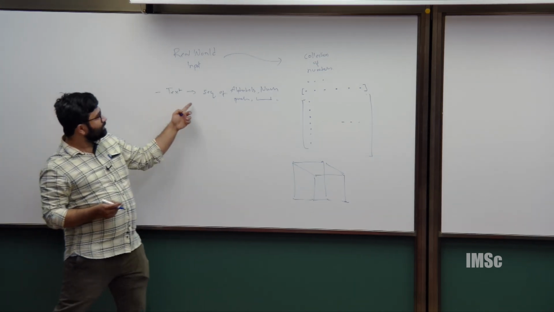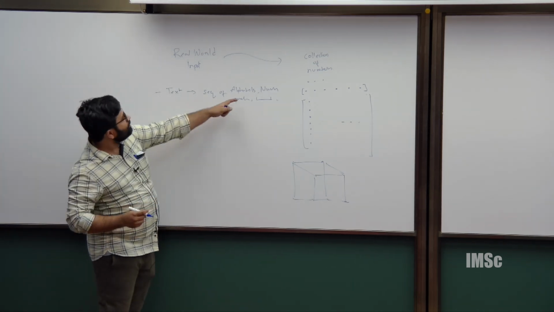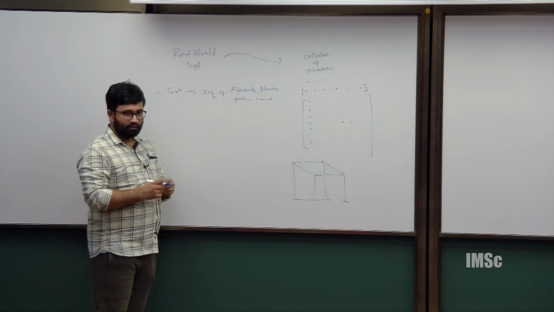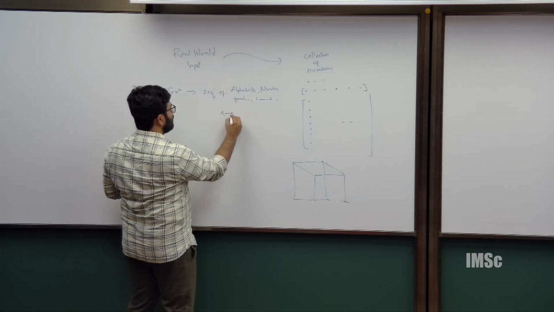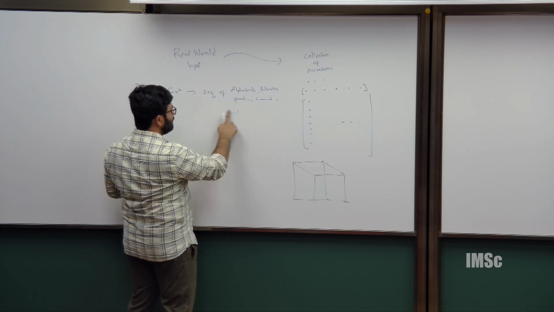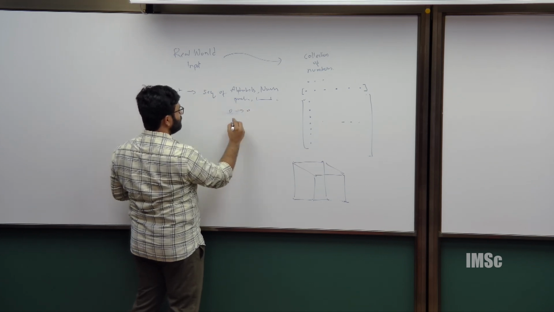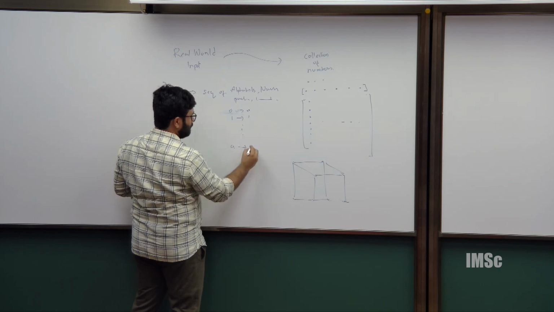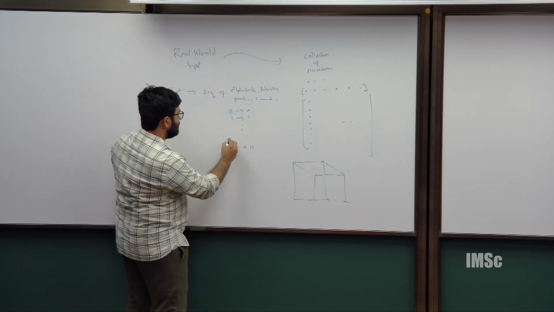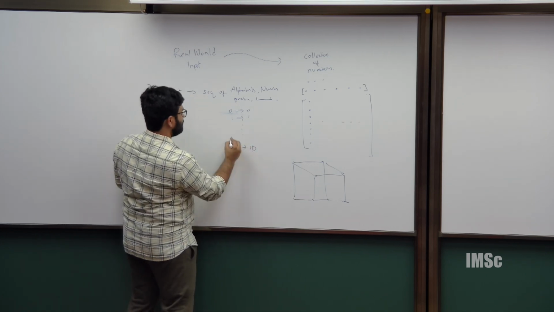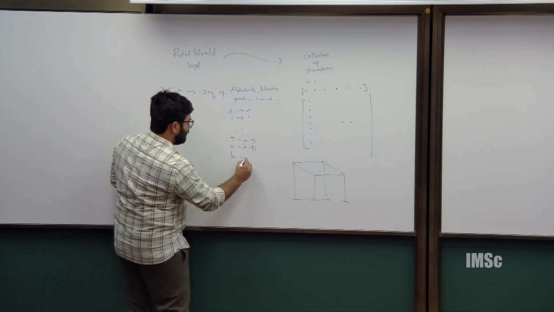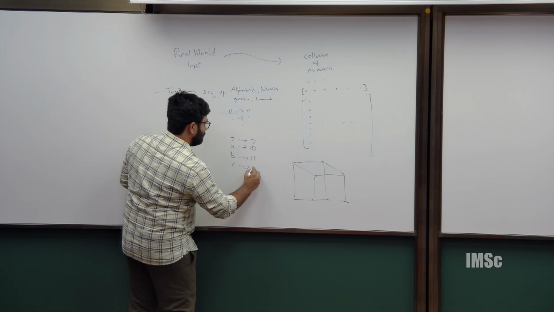So text is basically a sequence of these things. Why don't I give each of these things some number? Let's say for simplicity 0 becomes 0, 1 becomes 1, and so on. 9 becomes 9, A becomes 10, B becomes 11, C becomes 12, and so on.